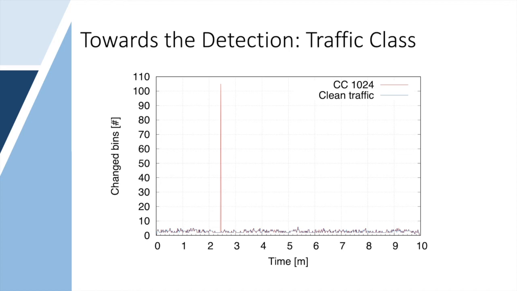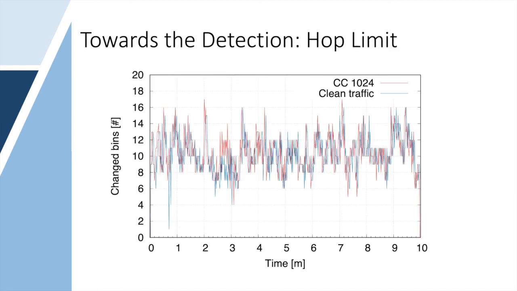In this example, you can see that we used covert channels of 1000 bits, and despite its small size, the channel is completely visible. Finally, we can make similar considerations in the case of hop limit. In this case, the attacker should follow the observed average value in order to remain unnoticed.